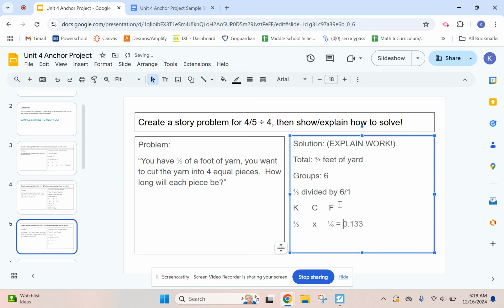All right, and we're going to ignore the autofill here. 4 times 1 would give us 4. 5 times 6 would give us 20. Now this can be simplified because 4 and 20 have a common number that they can be divided by.